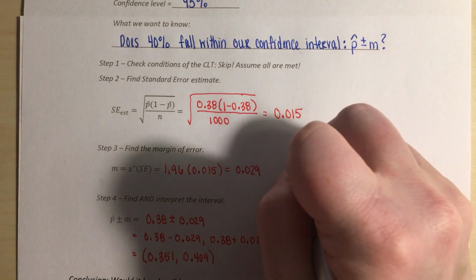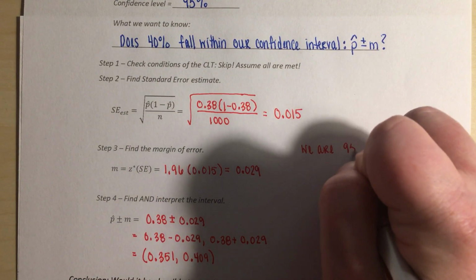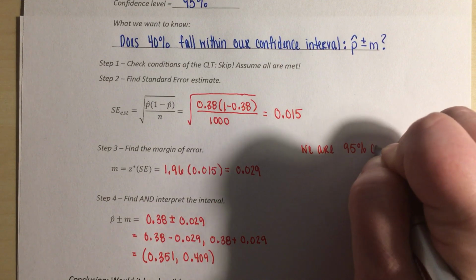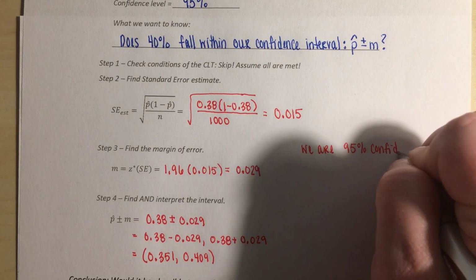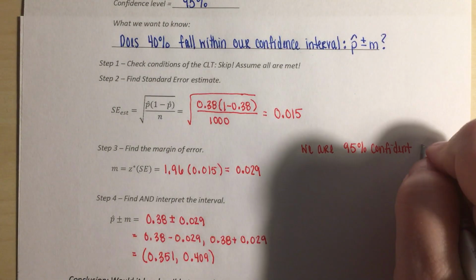All right, our interpretation. Again, I'm going to write off to the side. We are 95% confident. So we start with our confidence level. What are we talking about?